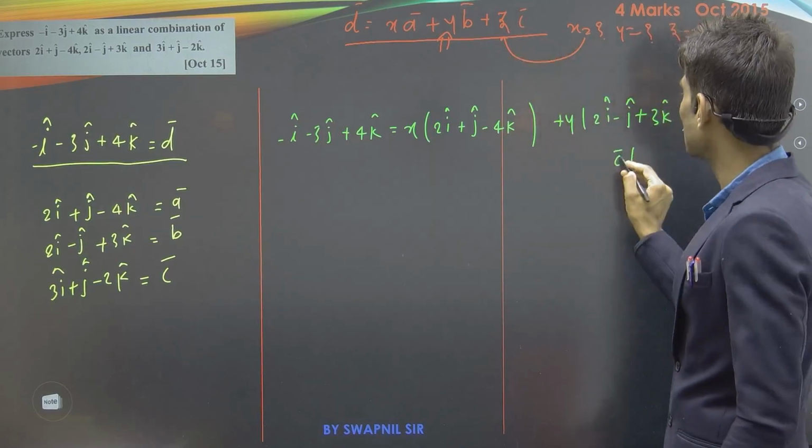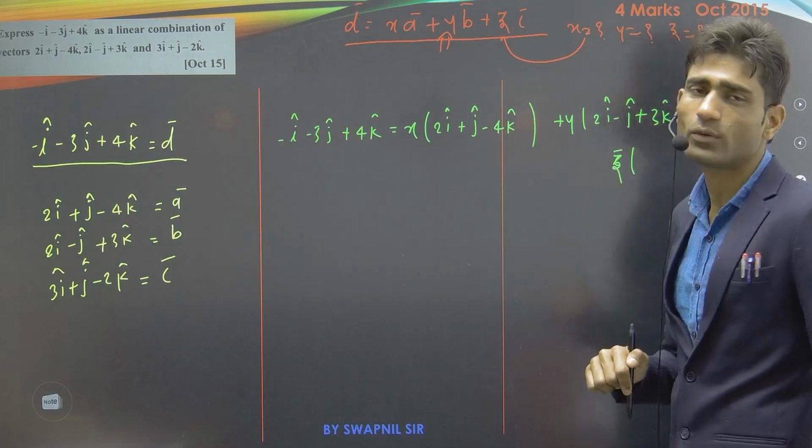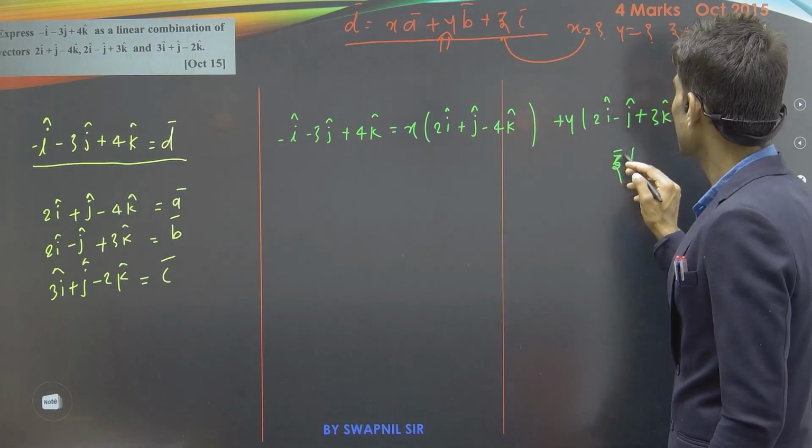Keep z as it is, as we want the value for z here.